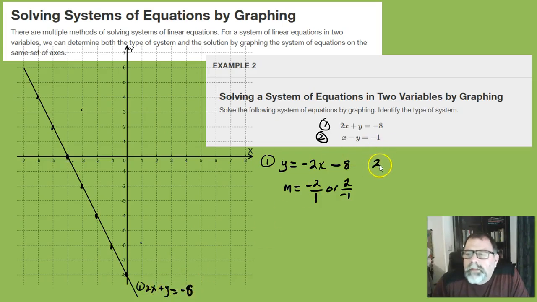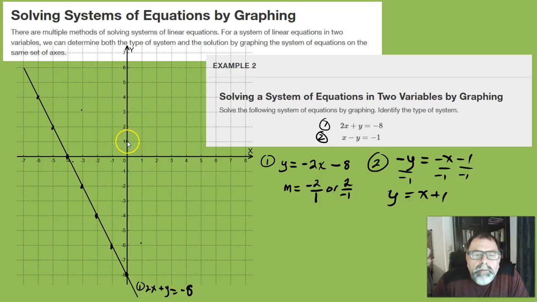Now let's do line 2. I'm going to subtract x and then divide everything by -1. So y equals x plus 1. So the y-intercept is 1, and the slope is 1, which I can do as 1 over 1.